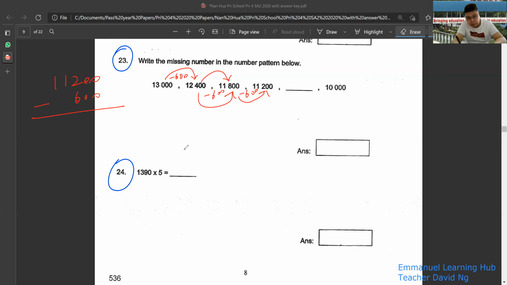Then what's the answer? 11,400. Wrong. You minus 600.